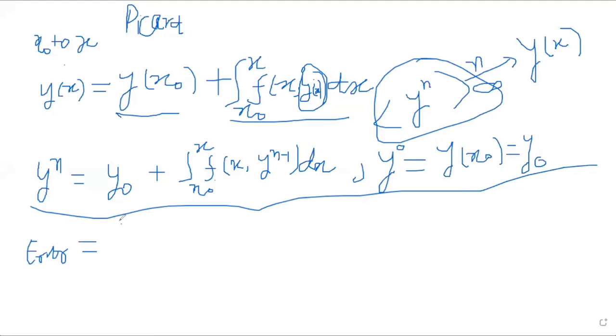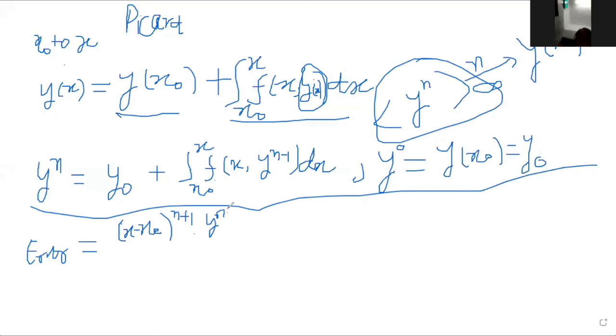So error is h to the power n plus 1, where h is x minus x naught, so (x minus x naught) to the power n plus 1, into y to the (n plus 1) derivative at xi, divided by (n plus 1) factorial.